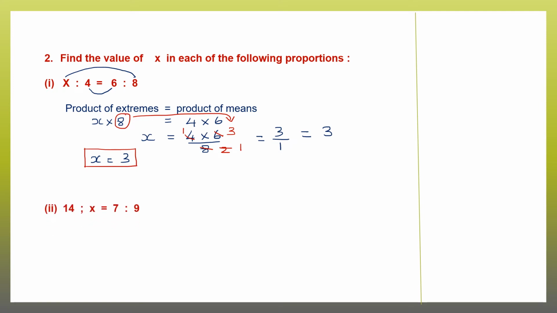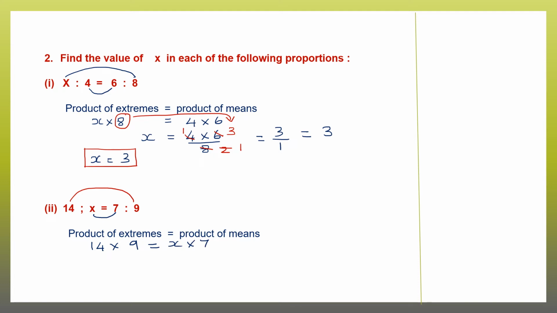Question 2. 14:x is equal to 7:9. So here also product of extremes is equal to product of means. So let's multiply these two. 14 into 9. So 14 into 9 is product of extremes. This is equal to product of means, which is x into 7.